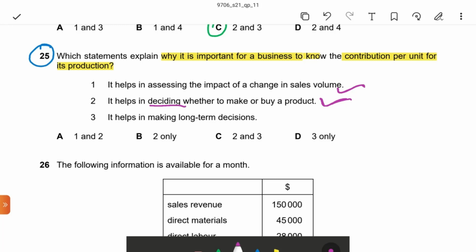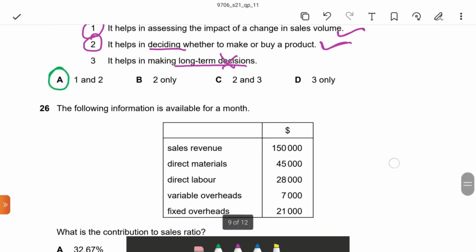That is also correct. It helps in making long-term decisions. No, it will not help in long-term decision making. It is based on the current sales and variable cost. So the correct option is 1 and 2. Yes, A is the correct answer.